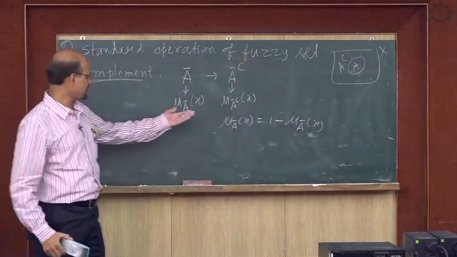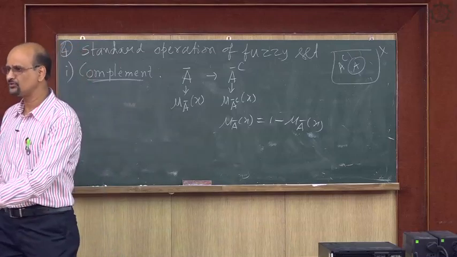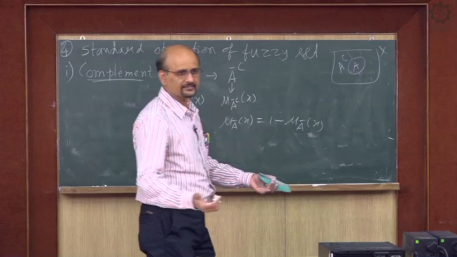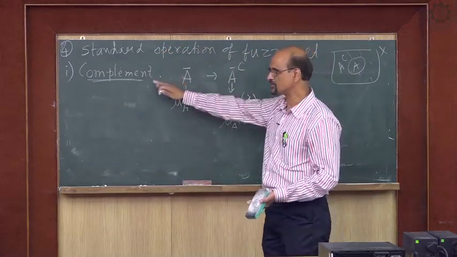So for any element x, if 0.8 is the membership value, then for the complement it will be 0.2. It is like a negation: whatever is there, 1 minus that. So that is your complement.